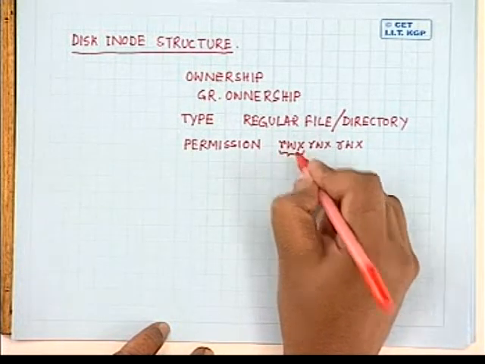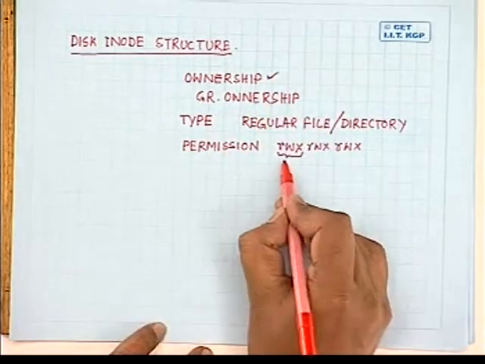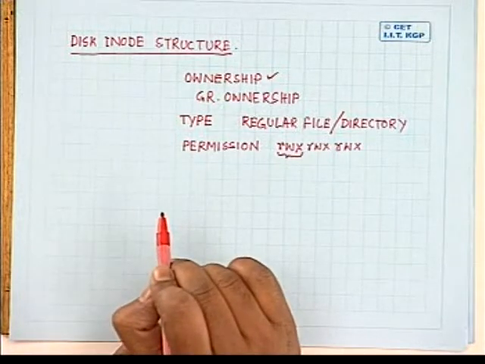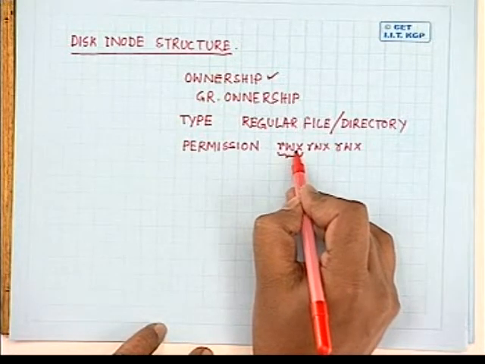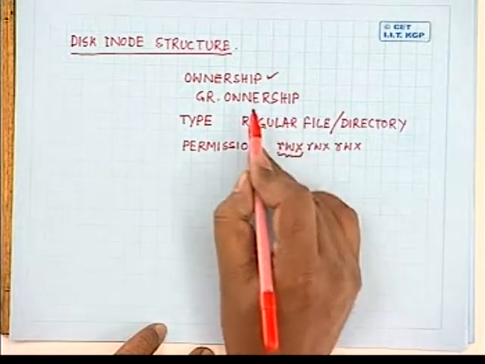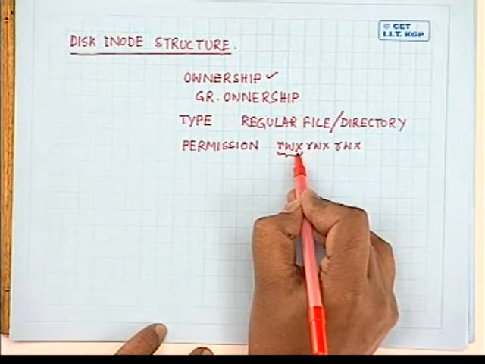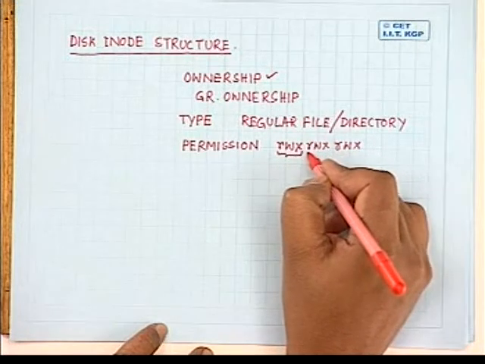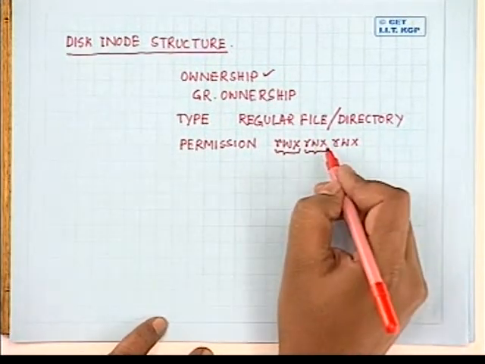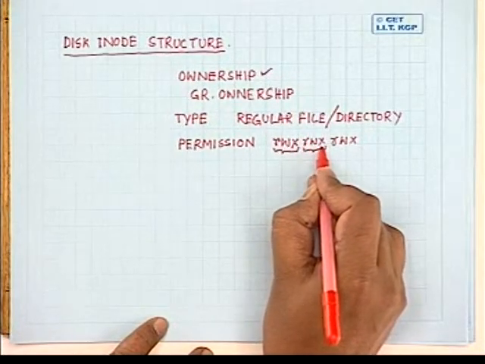The first RWX is meant for the owner of the file. R means read permission, W means write permission, X means execute permission. So when all these R, W, and X are present, that means the owner of the file has got all three permissions. He can read the file, he can write into the file, and he can also execute the file. The next RWX is meant for the group.